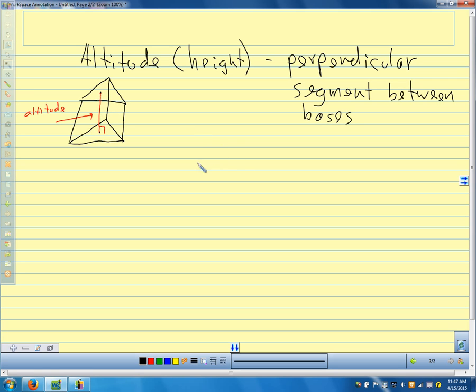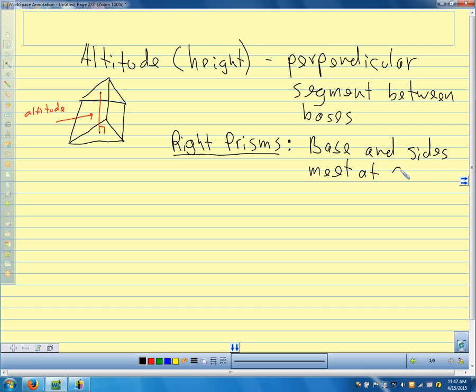Right prisms. If we have a right prism, it means the base and the sides meet at a 90-degree angle. So it's not slanted.